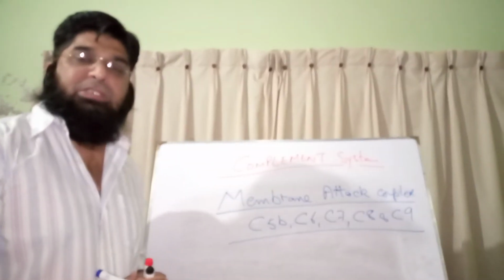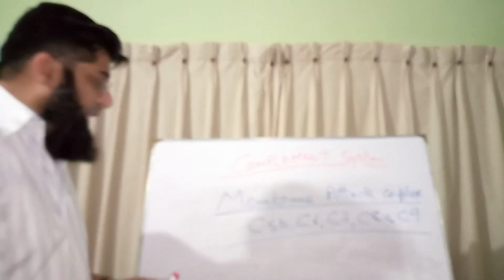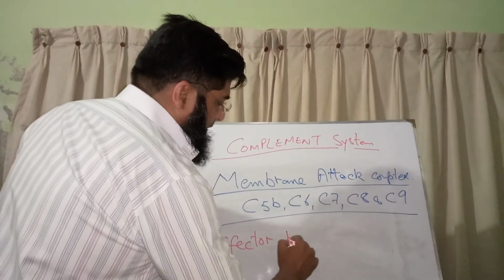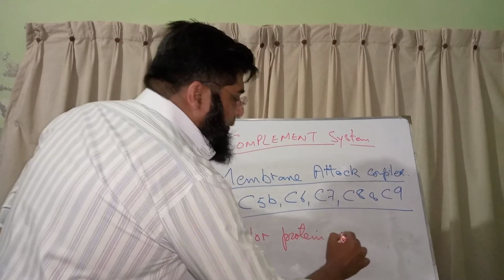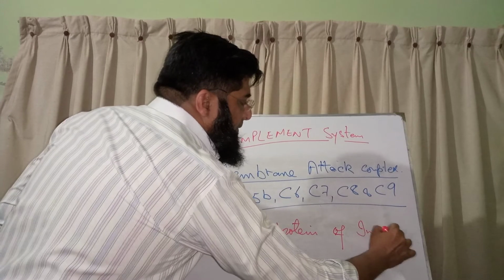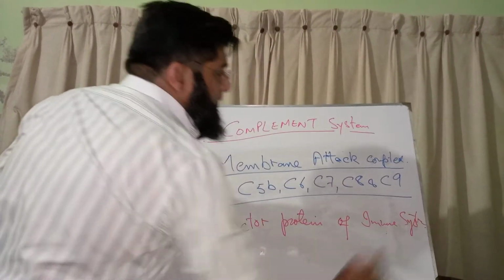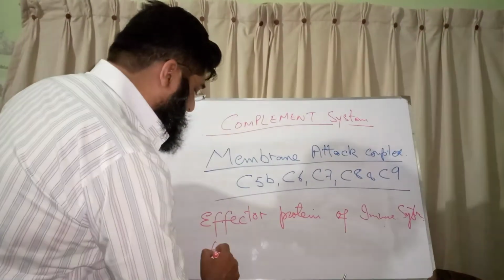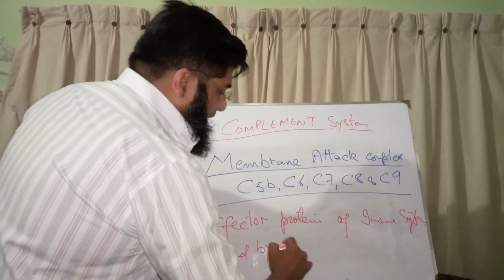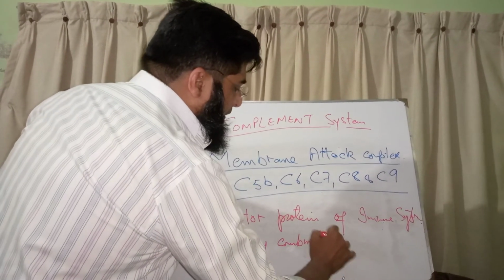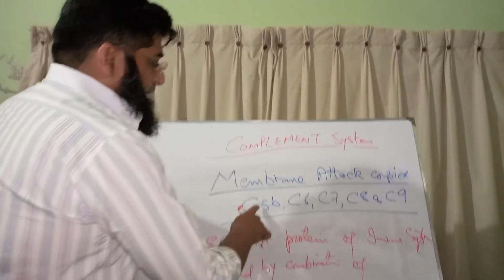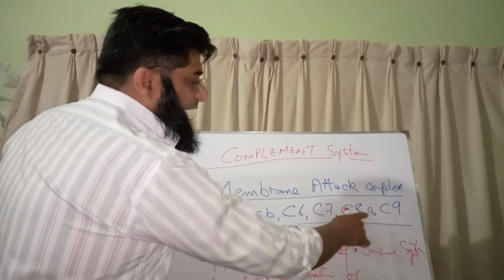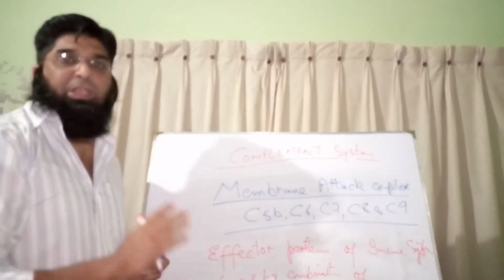The membrane attack complex is an effector protein of the immune system formed by a combination of C5b, C6, C7, C8 and C9 complement proteins.